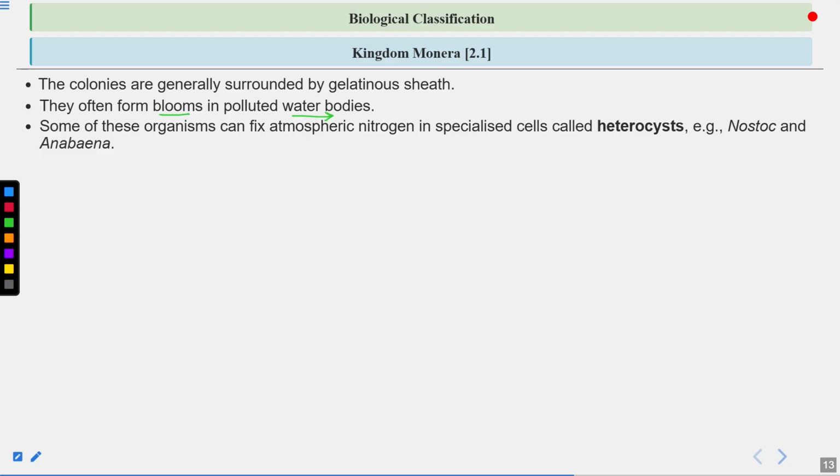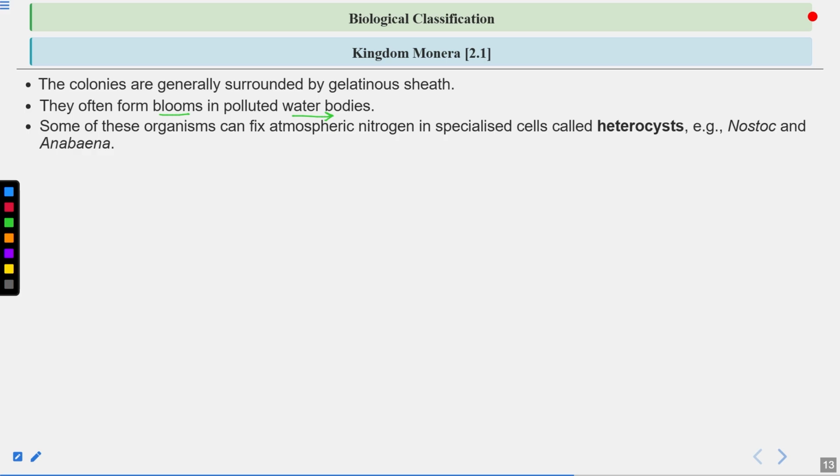So the decomposition of the algae is utilizing the oxygen, which increases the BOD, meaning biological oxygen demand, for the other aquatic animals. So it can be dangerous to other aquatic animals because there will be a lack of oxygen for them, because oxygen is being used for decomposing the algae.